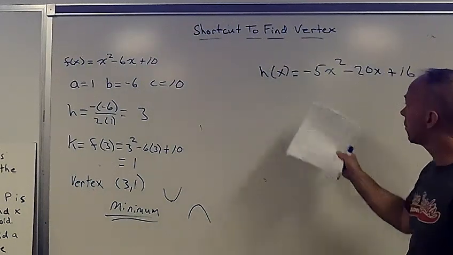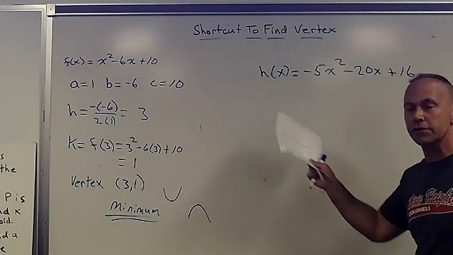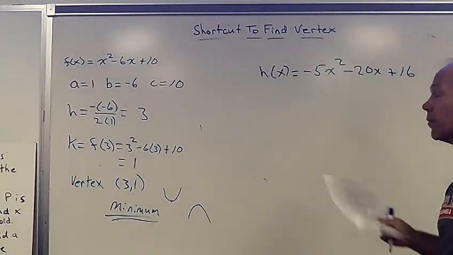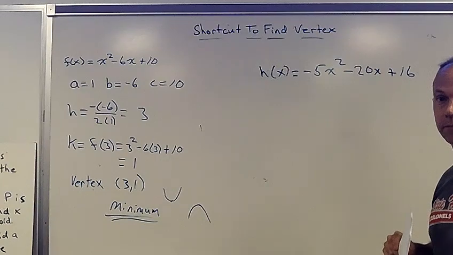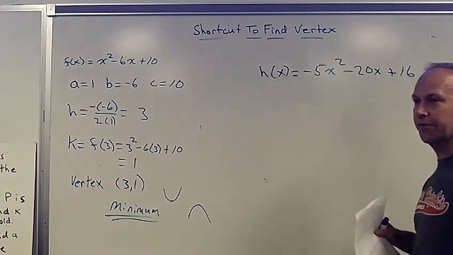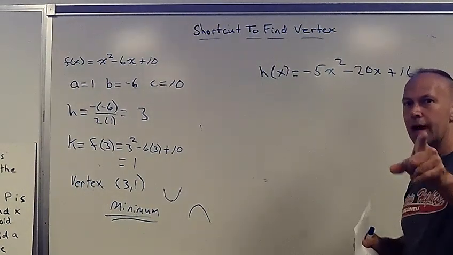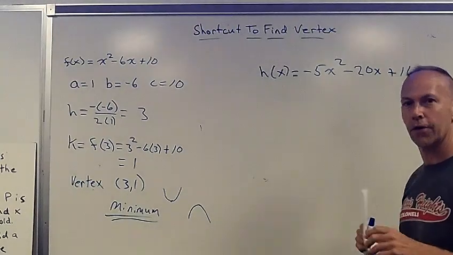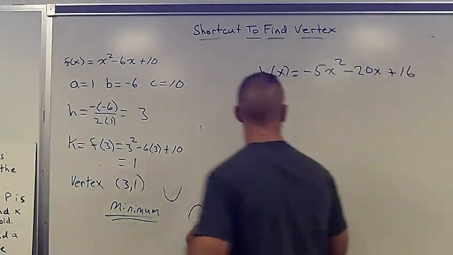Okay, so what I want you to do is take this, use the shortcut to find the vertex. Tell me whether it's a max or a min. Okay, so pause the video right now. Okay, you're back. Let's see how you did.